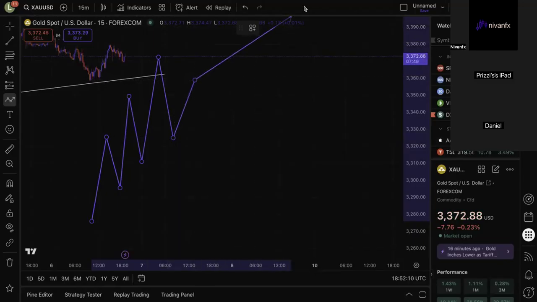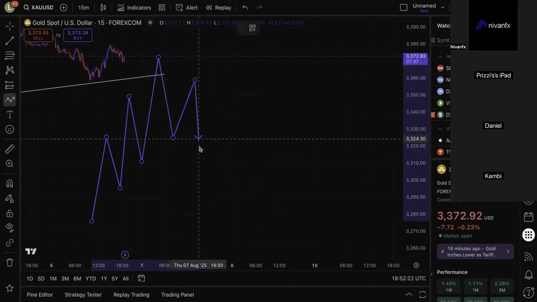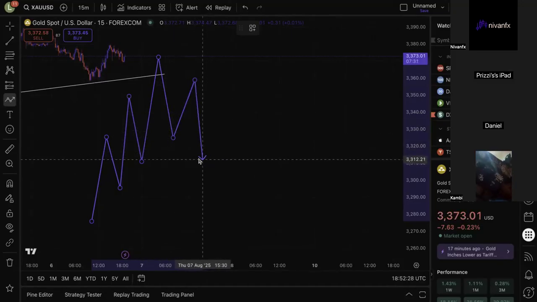You buy from a particular level, maybe from this bottom. What the market tends to do is come back to your order and break below it, taking out your stop loss. That is what the market always tends to do.